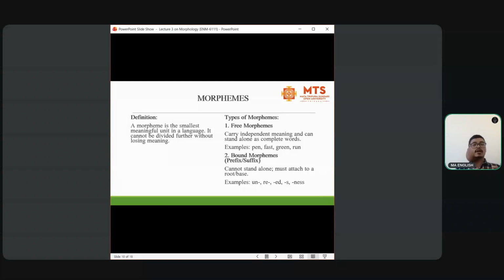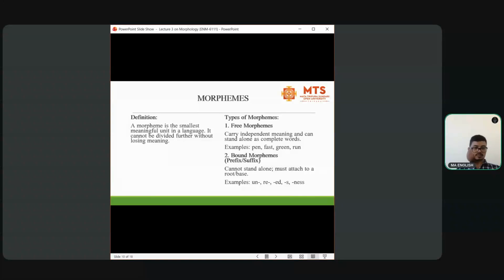On the other hand, bound morphemes cannot stand alone. They must be attached to a root or a base.